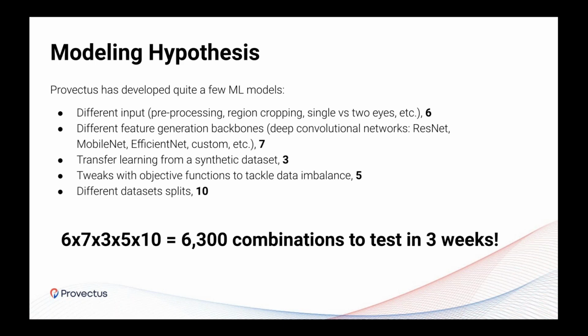Let's look at the modeling hypotheses we outlined during the research phase. We used different inputs, pre-processing, region cropping, and others. We used different feature generation backbones, from deep convolutional networks to custom implementations. We used transfer learning from synthetic data sets, and we tweaked the objective functions to achieve the business KPIs.